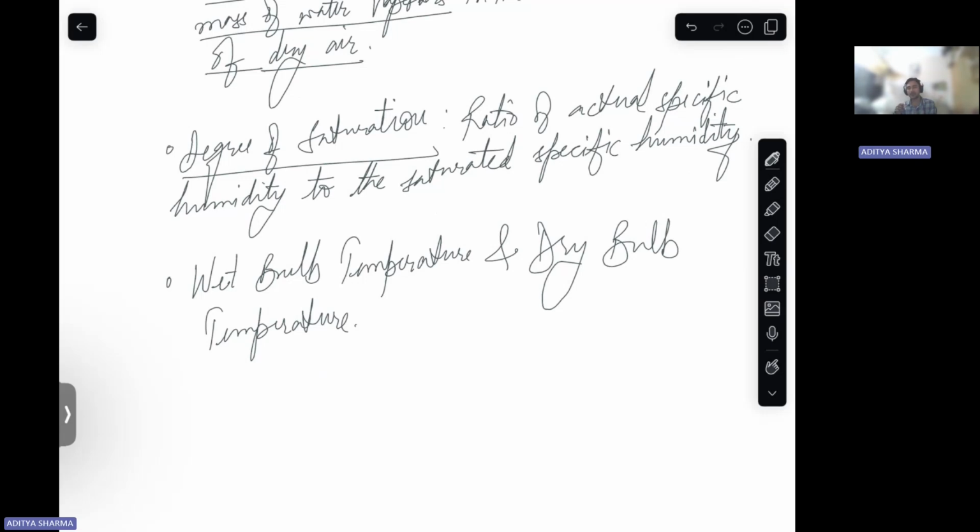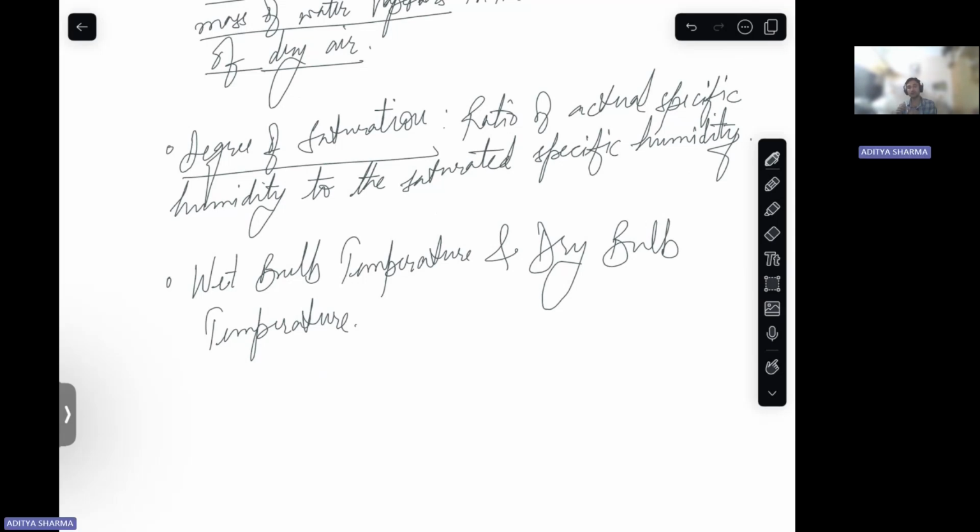The temperature we receive on the thermometer will be less than the dry bulb temperature, because we know evaporation causes cooling.